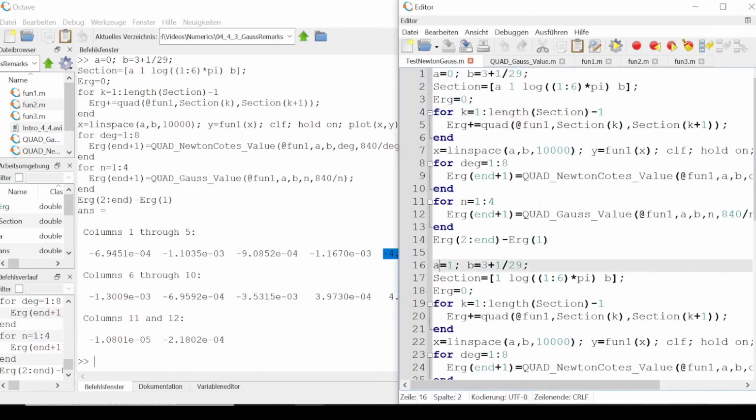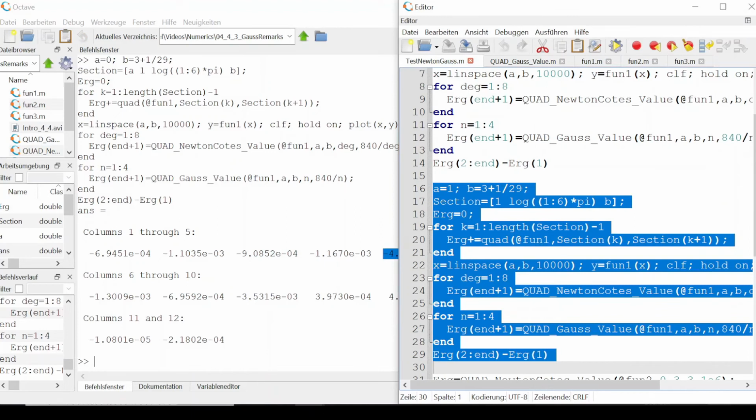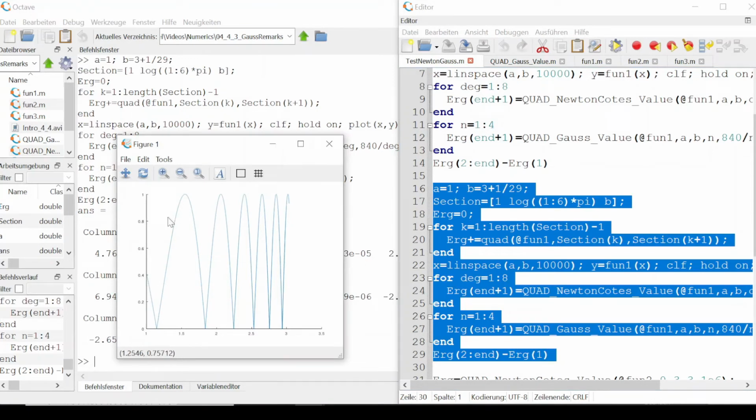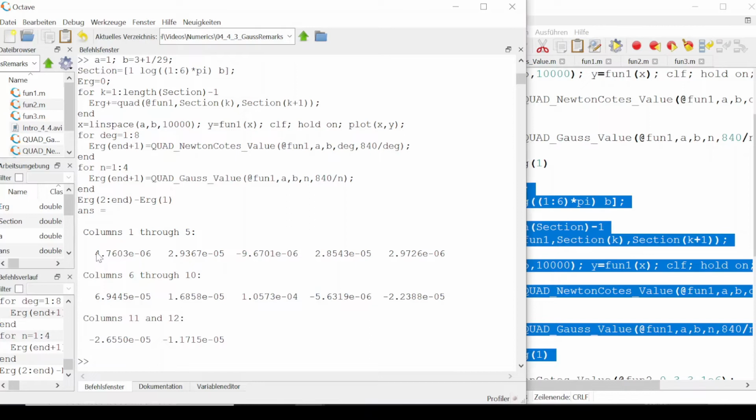Then take the same function, but the integration interval is starting from 1, so we have no jumps anymore, but we have kinks. So let's run that code. This is the function, no jumps but kinks. And here is the result. And again, the trapezoidal rule is very, very good and is even the best in that line.